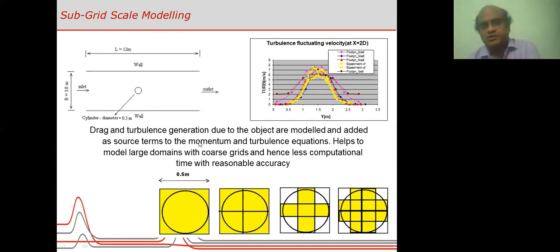The porosity is the volume available for fluid to exist. So in a structure, there is no volume for the fluid. So the porosity of a solid structure is 0. So we can model it by just specifying 0 porosity to the region represented by the structure.